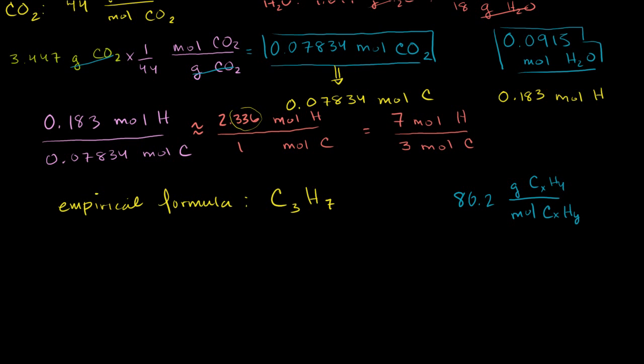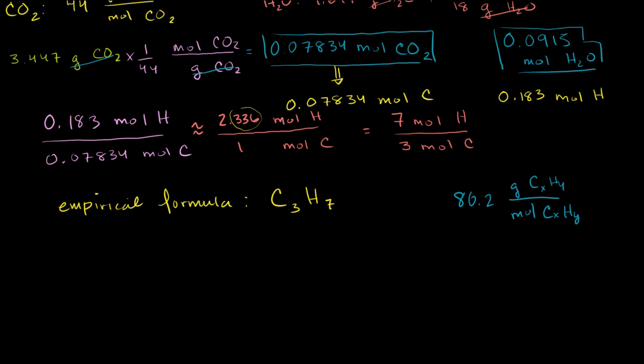So just for kicks, what would be the molar mass if this was the molecular formula? We could do it algebraically, but the simplest way is to say, as it's written right now, what would be the molar mass of this?